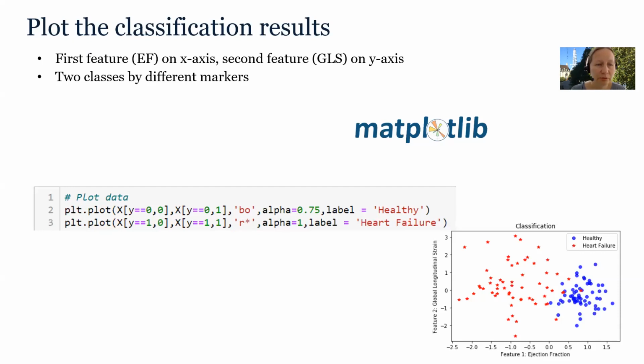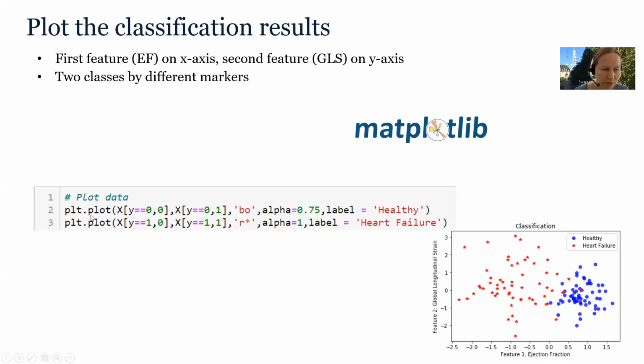Final thing we would like to do is to plot the classification results. So we have two features, so we can plot the first feature on x-axis, the second feature on y-axis. And we will also need to plot different classes by different markers.